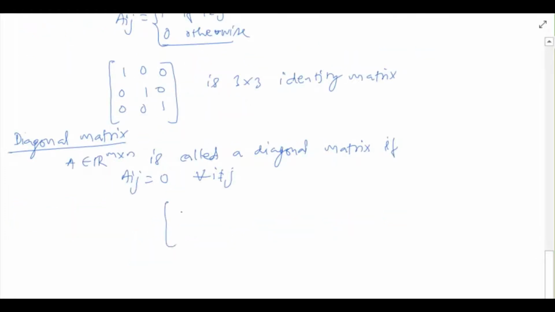Let's see some examples. This is a 2 by 2 diagonal matrix. Let's see another example. This is another diagonal matrix. Notice that in diagonal matrices, diagonal entries could also be 0.